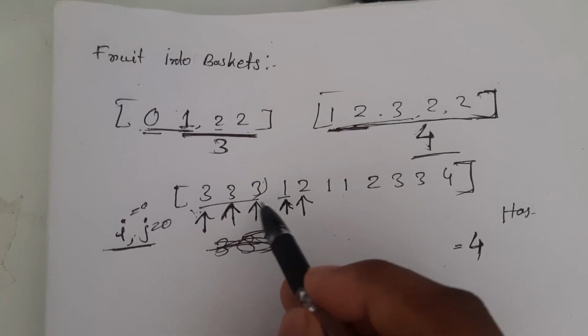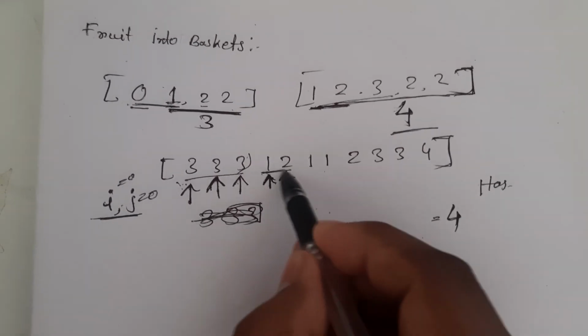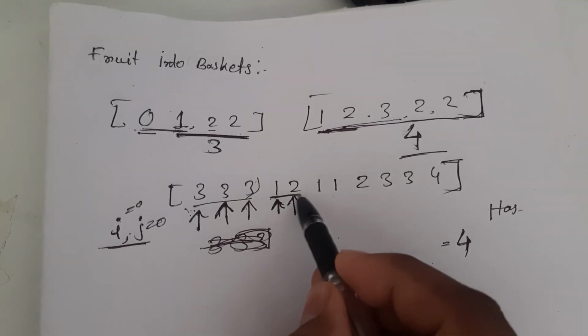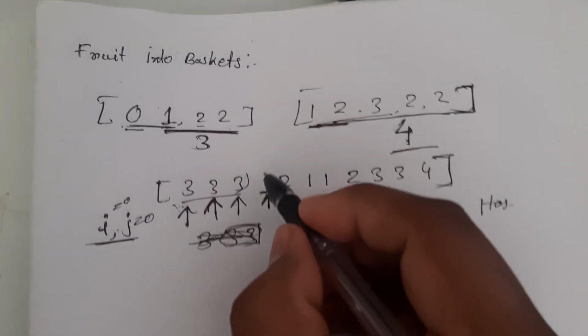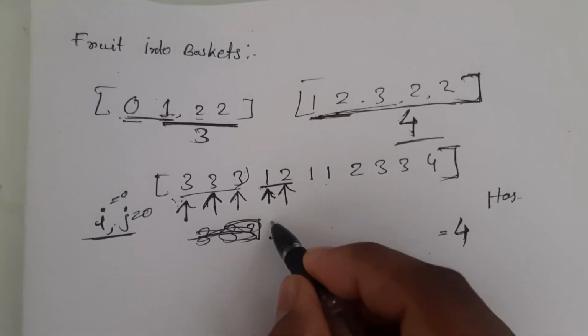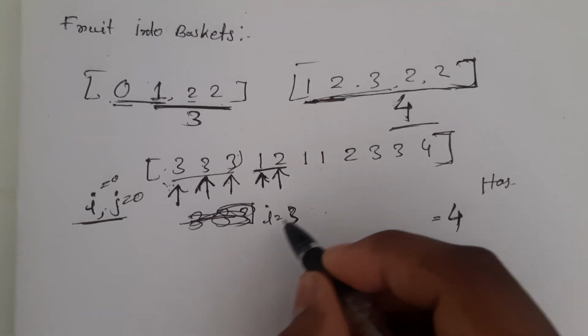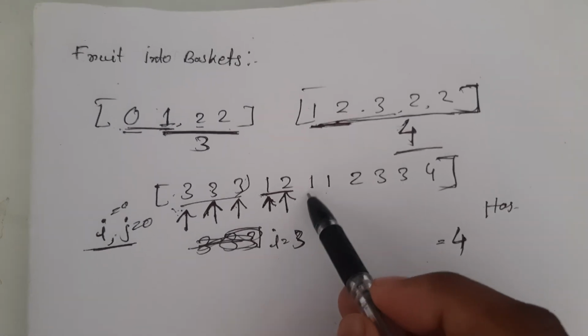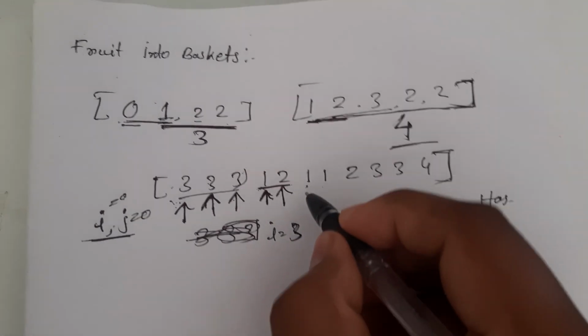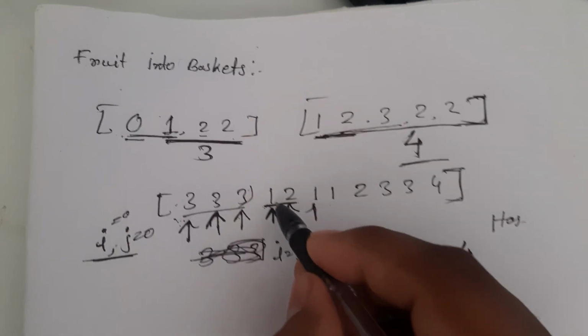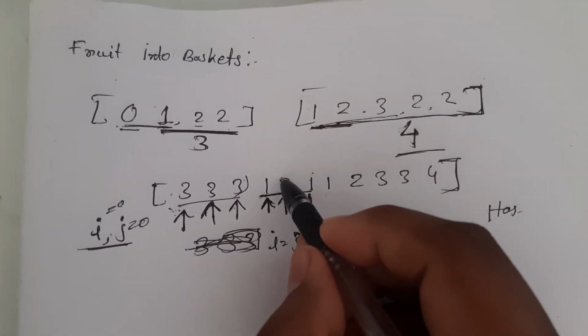After removing that, we can see the distinct elements are 2, and the i index as of now is 3. Then we increase j here, because at that position we are also getting two distinct elements, 1 and 2.